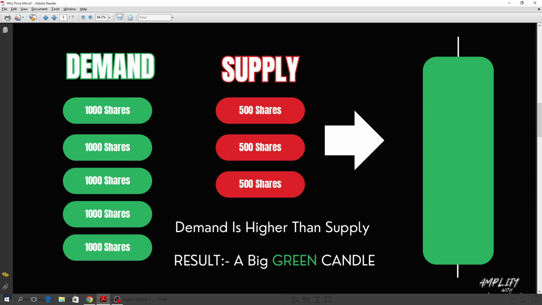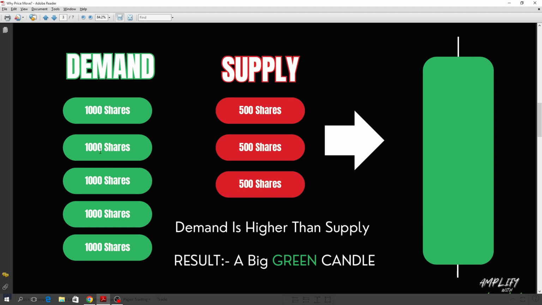So when people who are looking to buy are more compared to the people who are looking to sell, the quantity of shares to be bought is more than the quantity of shares to be sold, then we are going to have a big green candle. Try to understand.